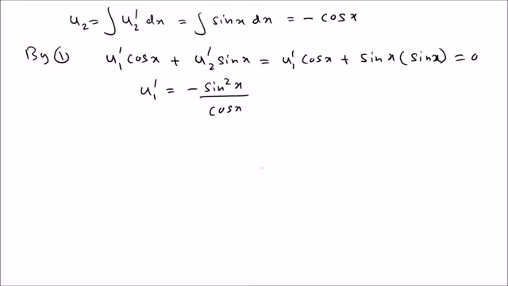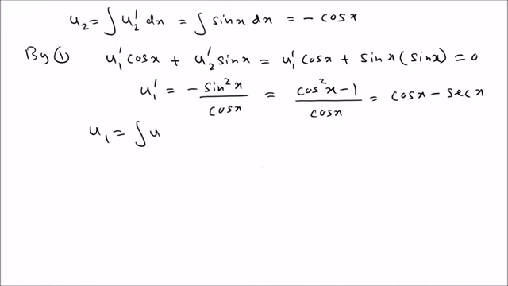We can write the top as cosine squared x minus 1 over cosine x, which you can split as cosine x minus 1 over cosine, meaning secant x. So it's very easy to integrate. So u1 is the integral of u1 prime dx. Let's integrate the two separately: cosine x dx minus secant x dx.